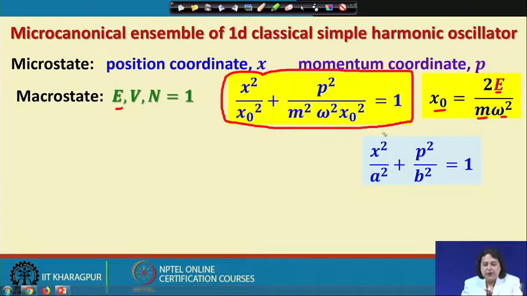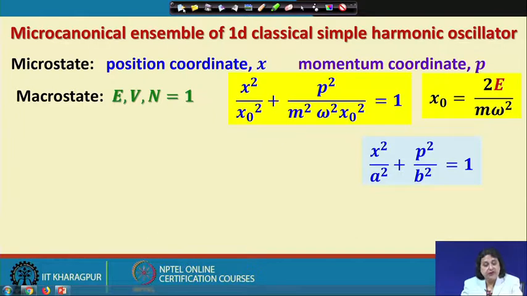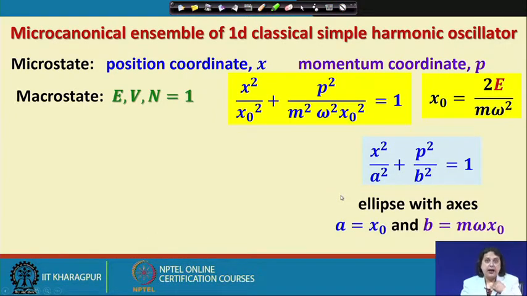Now, this has the form x square by a square plus p square by b square equal to 1, and this of course is the equation of an ellipse, and therefore, I am going to have a plot of an ellipse with axis a equal to x naught and b equal to m omega x naught when I look at the microscopic states obeying this constant energy condition in the phase space.